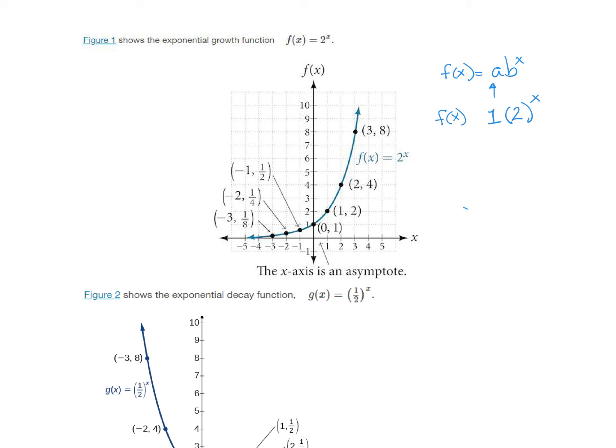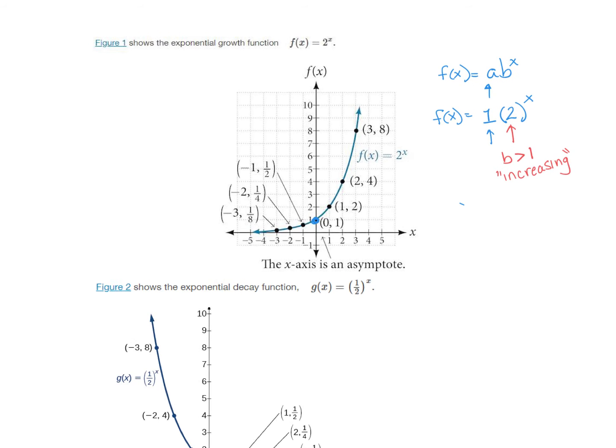So our initial value is 1, and you'll notice we do go through the point (0, 1). Notice that this b value is greater than 1, and in that case our exponential graph is going to be increasing. In other words, it's going up from left to right.